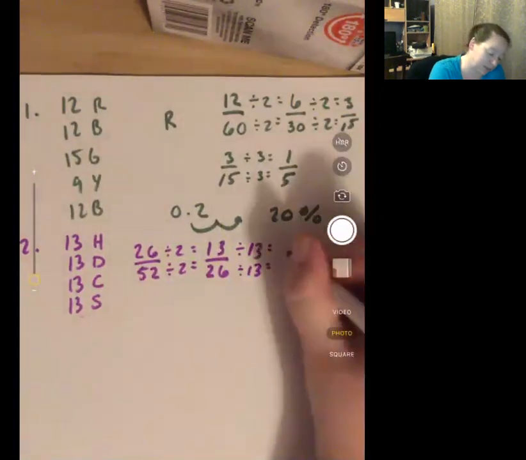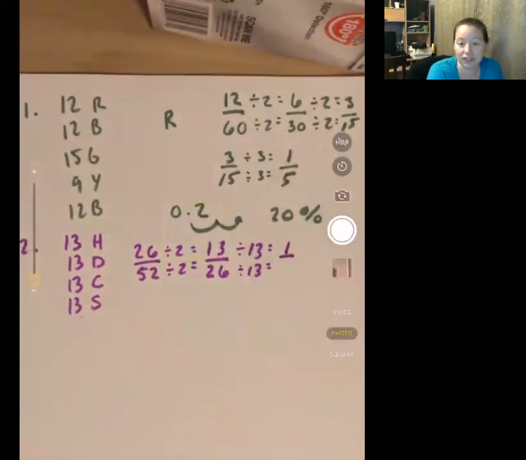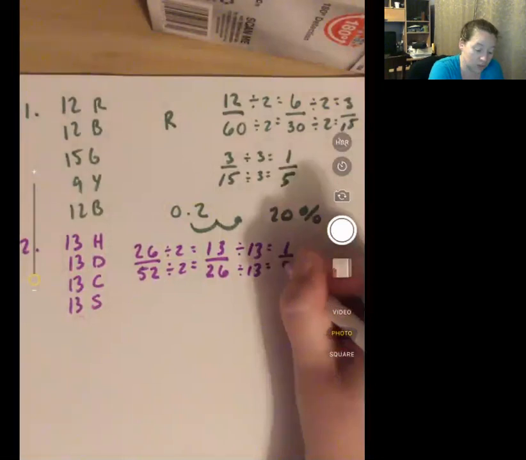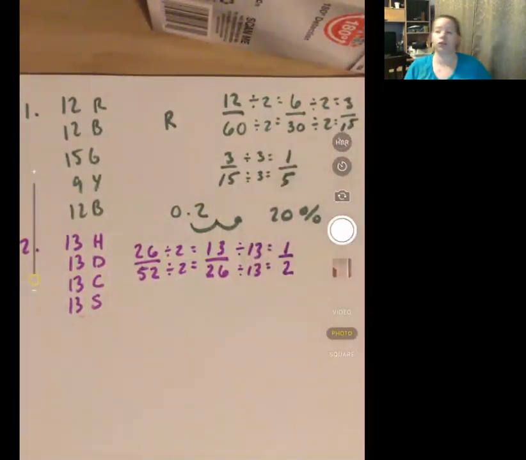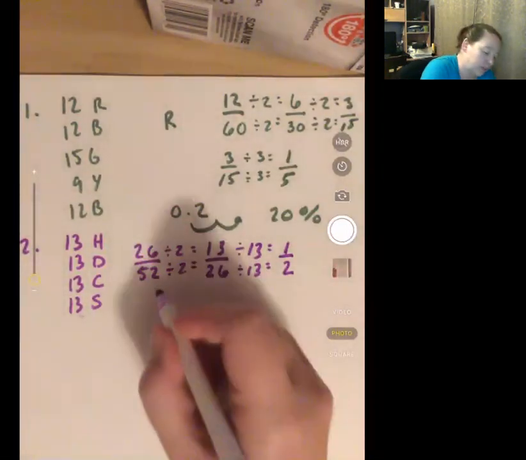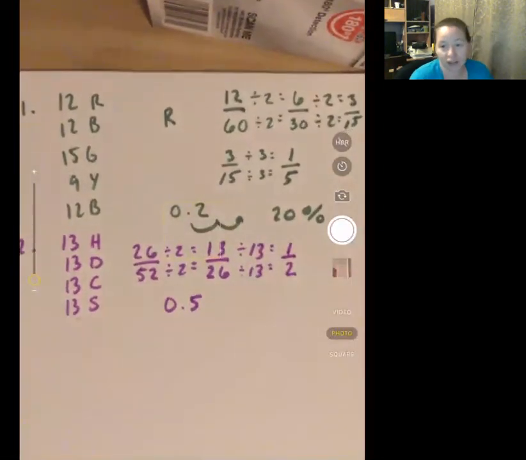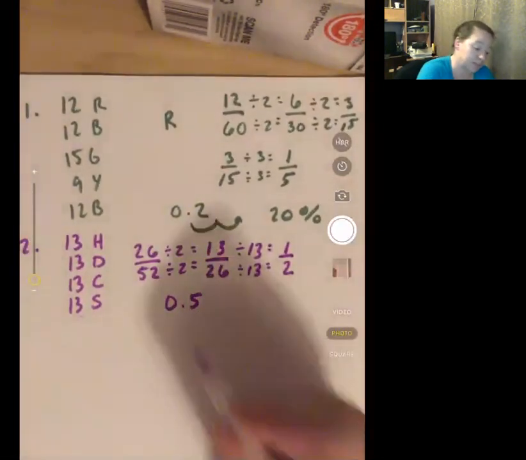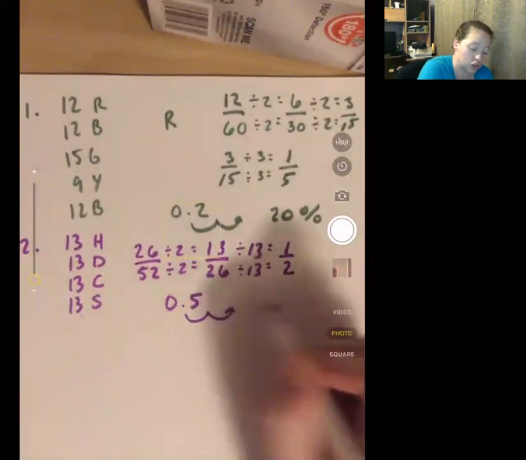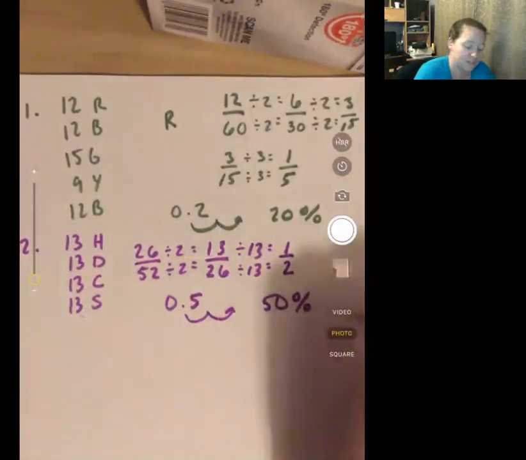Because 13 divided by 13 is 1, and 26 divided by 13 is 2. So I am left with 1/2. I plug it into my calculator, 1 divided by 2. That will give me a 0.5. Or 5/10. I need to make that a percent. I move the decimal point 2 times, giving me a 50%.